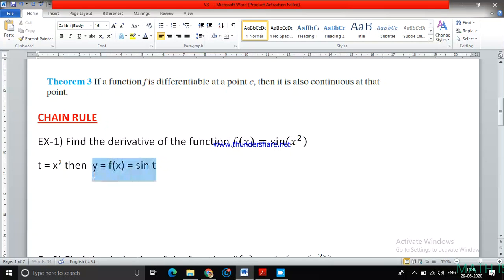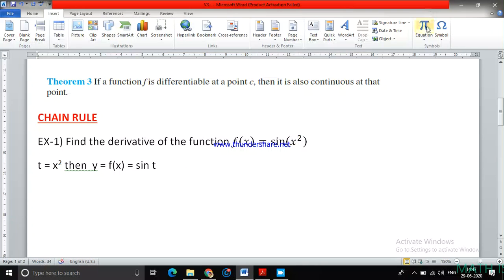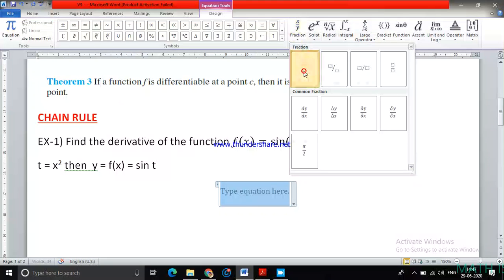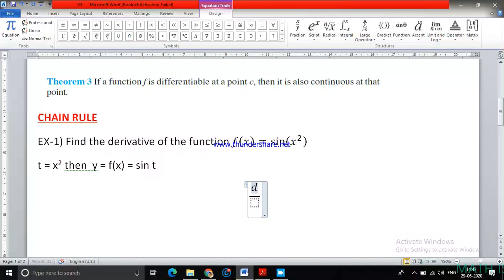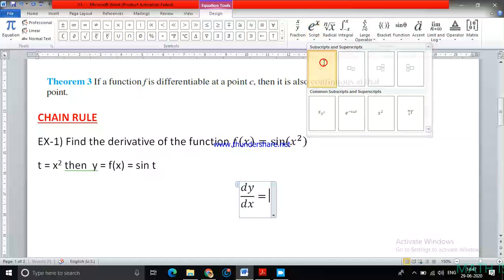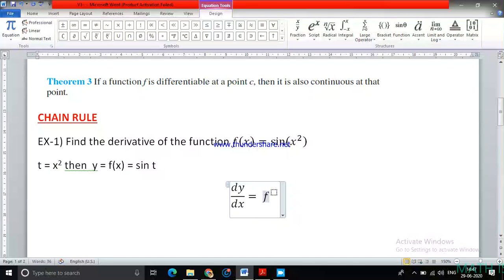Now if I differentiate this with respect to x, the derivative of y with respect to x is dy by dx, or you can write this as f dash of x also, that is also fine.